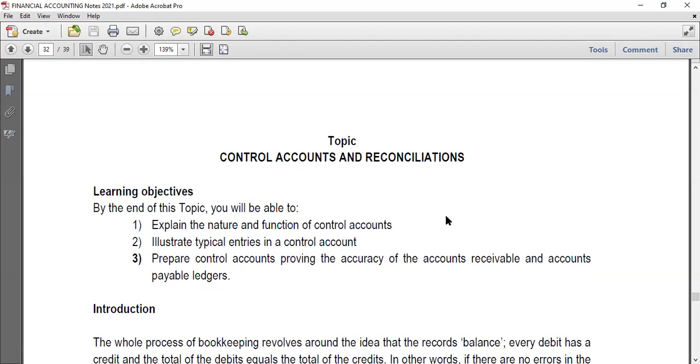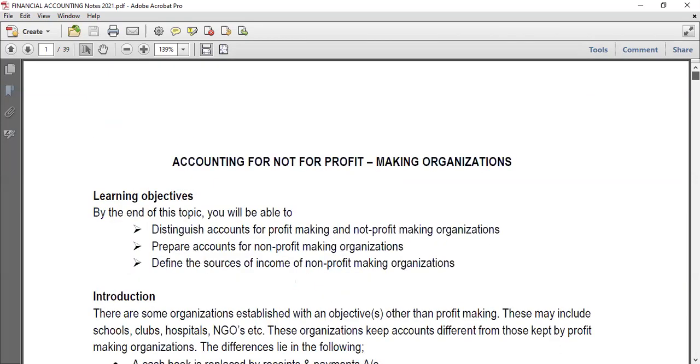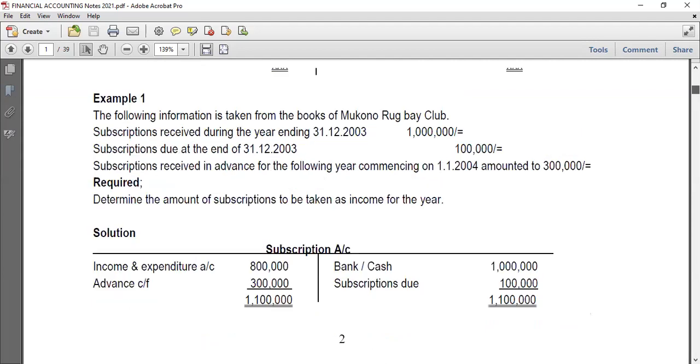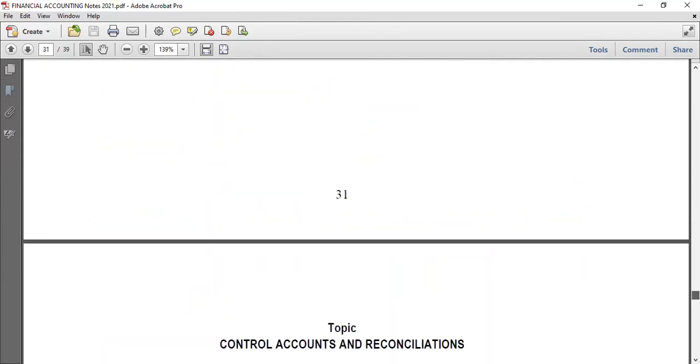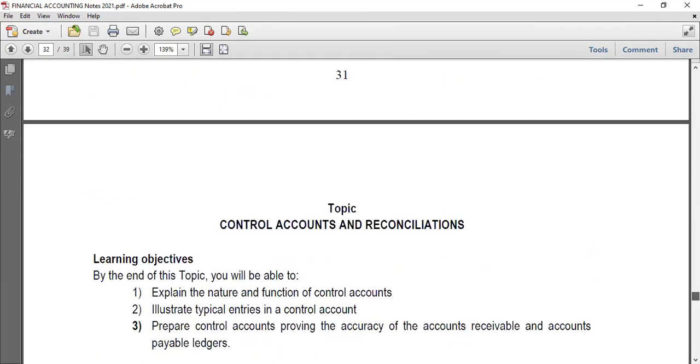Within your notes is also this topic. I think you remember we had 3 topics in this handout: accounting for not-for-profit organisations, then the manufacturing account, and lastly control accounts and reconciliations, okay?